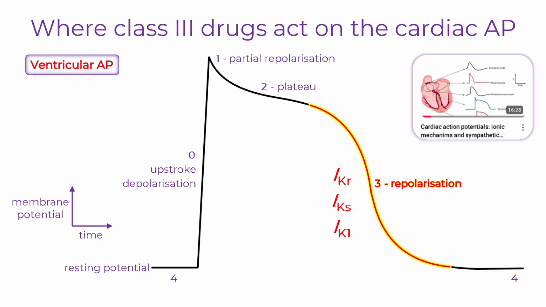The italic I denotes current, K indicates potassium, and the remaining letters specify the subtype of current. R stands for rapid, S for slow, and 1 refers to the inwardly rectifying potassium current, which stabilizes the resting membrane potential and contributes to the terminal phase of repolarization.